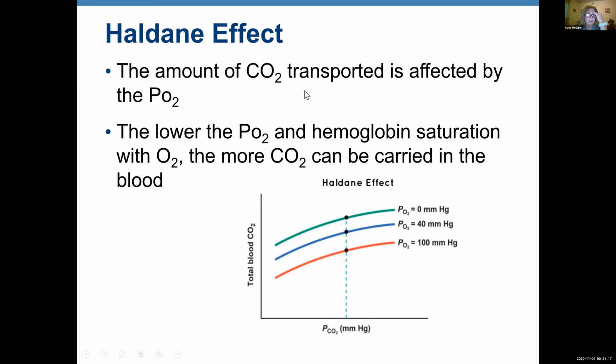The amount of carbon dioxide transported is actually affected by the partial pressure of oxygen. At low partial pressure of oxygen and low hemoglobin saturation with oxygen, more carbon dioxide can be carried in the blood. Let's say we have a partial pressure of oxygen of 40 millimeters mercury here, this is how much carbon dioxide is carried. If we have a higher partial pressure or concentration of oxygen in blood, then less carbon dioxide is carried.